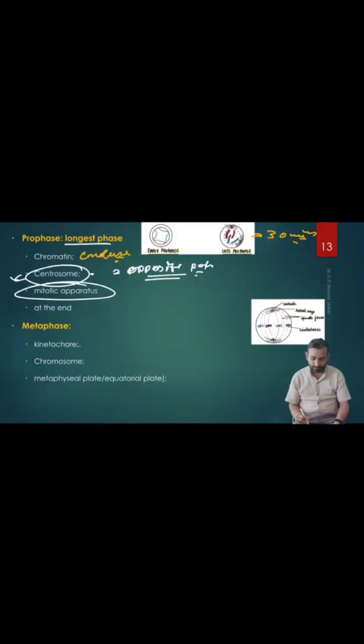We have the chromosomes in the middle; the chromatin begins to condense and become thick. At the same time, the centrosome splits and moves to two opposite poles. As they move, they begin to generate the microtubules.